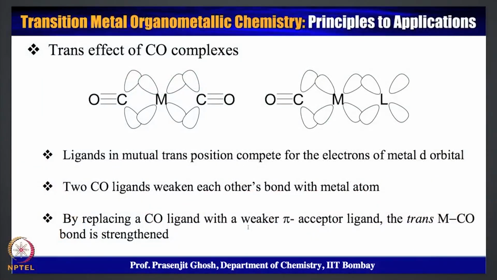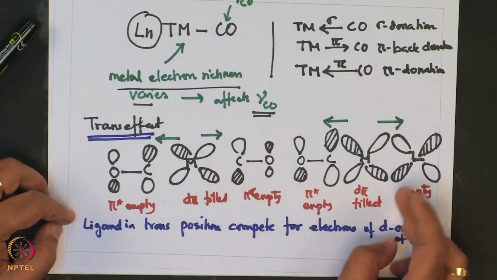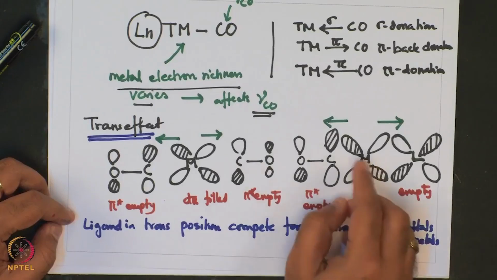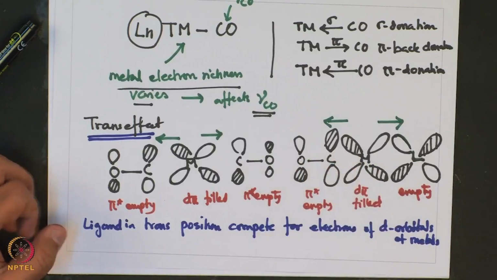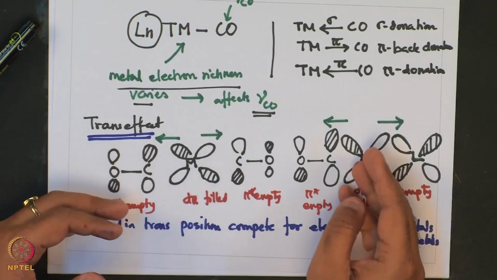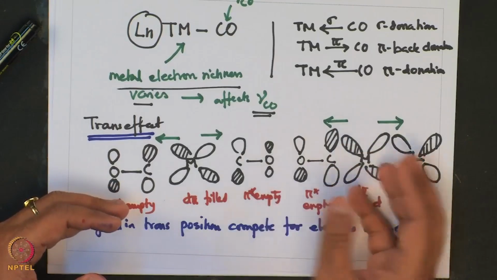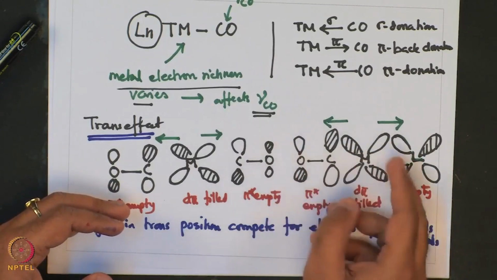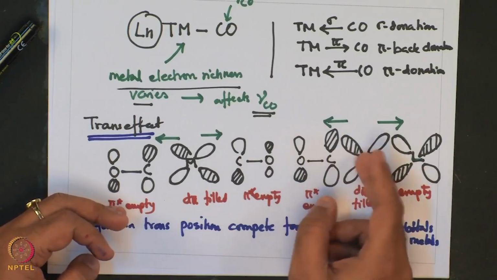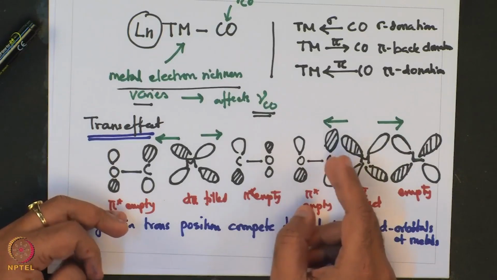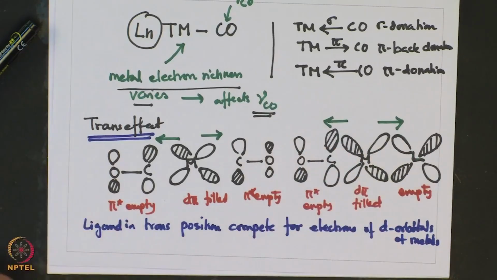So, when replacing carbon monoxide by a ligand which is a weak pi acceptor, the trans metal CO bond is strengthened. If a CO is replaced by a weak pi acceptor, then the CO itself will suck away most of the electron density from the metal to itself. As a result, the metal CO bond will be strengthened, and that would be reflected in a lowering of the CO stretching frequency.